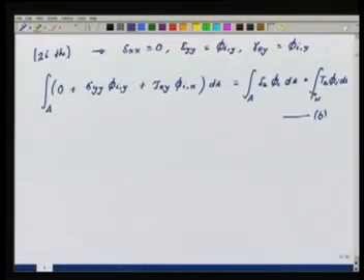So this is going to be the 2ith equation.